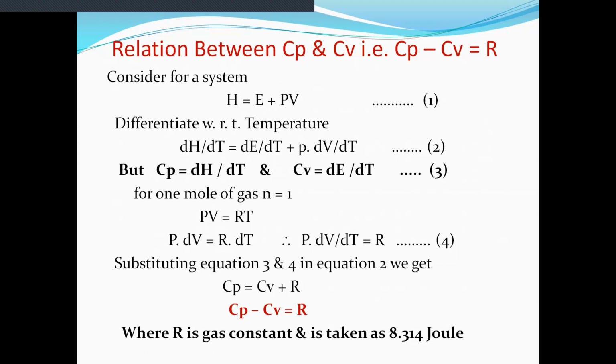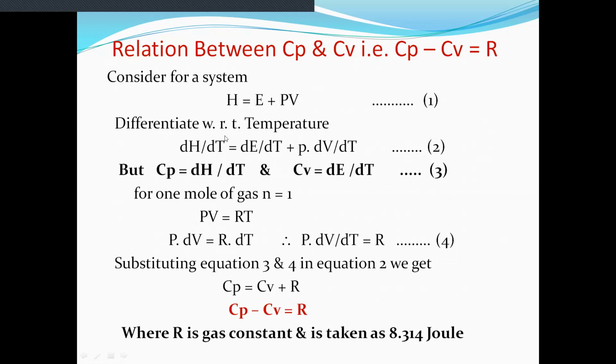Now for this purpose, consider a system, we take the formula for enthalpy. What is the formula for enthalpy? That is H is equal to E plus PV. We have seen this. Suppose this is equation number 1. Now differentiate equation 1 with respect to temperature.